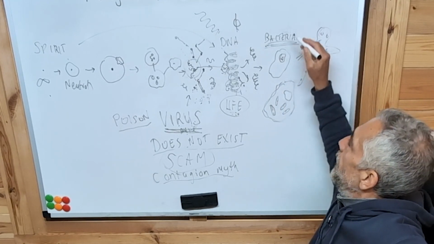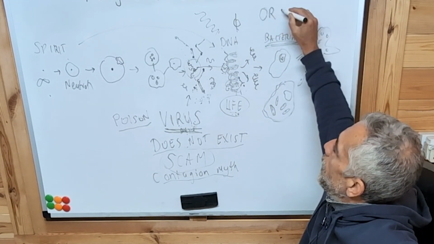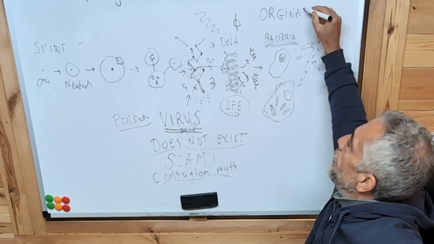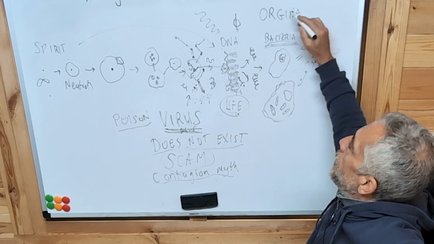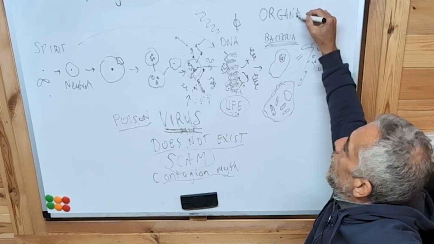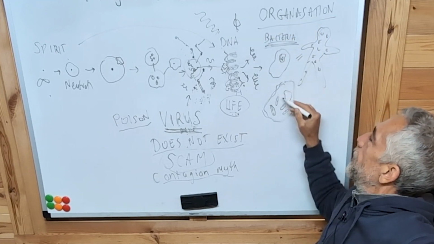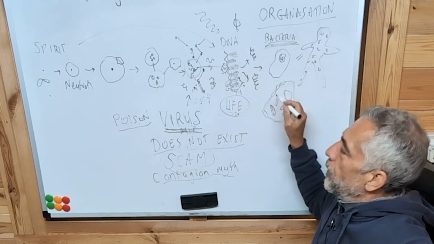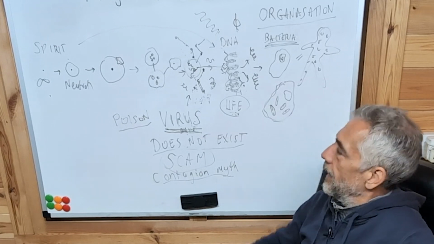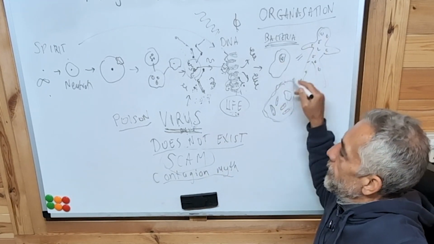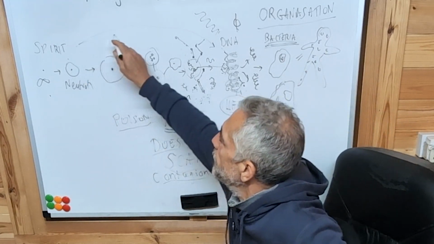You see, life is an organization. Organization is all these different bacteria, all these different bits and bobs organized together. And this organization of all these bits and bobs is what allowed a spirit to come down.